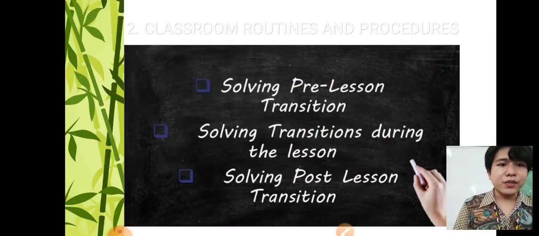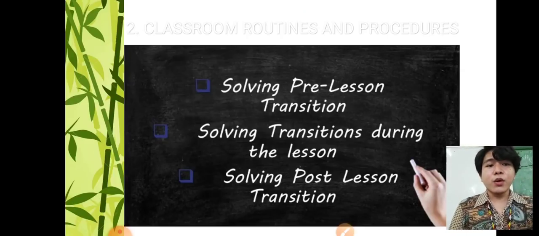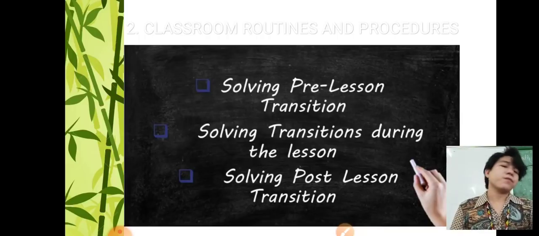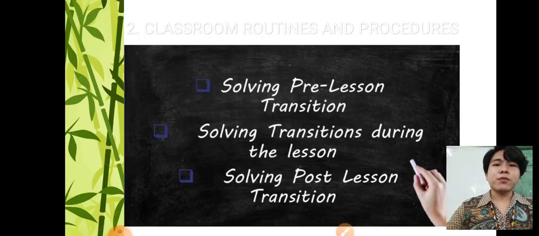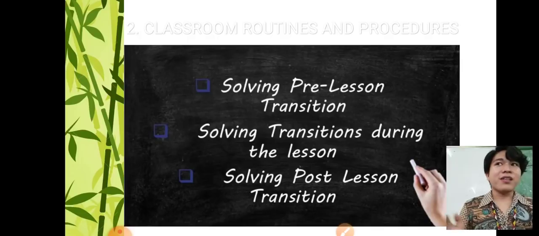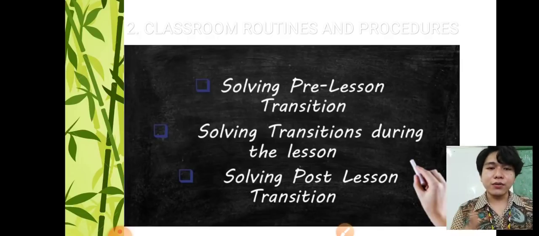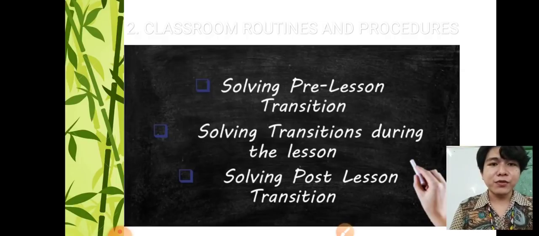So we have pre-lesson transition, transition during the lesson, and post-lesson transition. For the next activity, you say, okay, I think you're all done, and now, let's proceed. Are you ready? Yes, we are ready. That is one example of the transition that you could use.